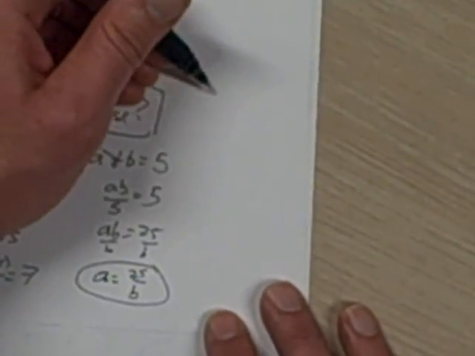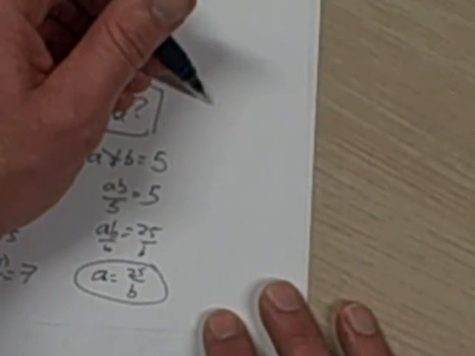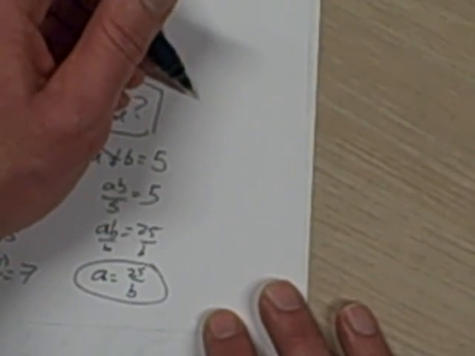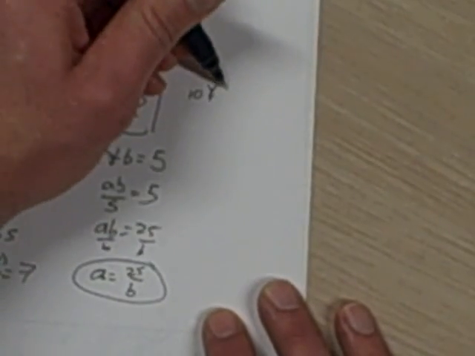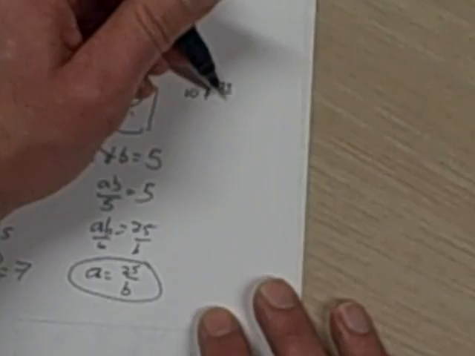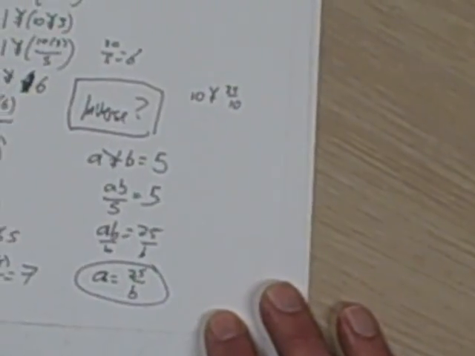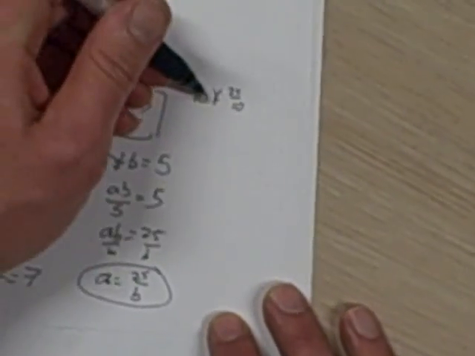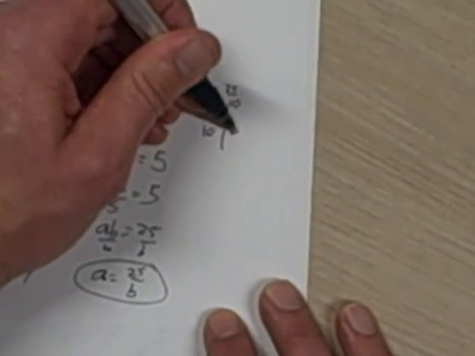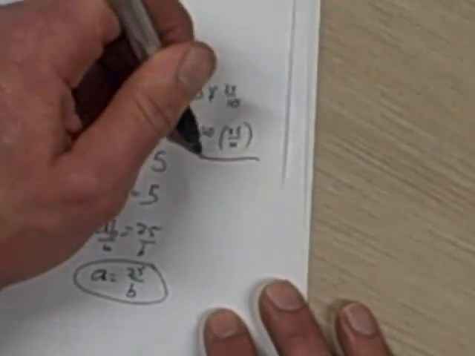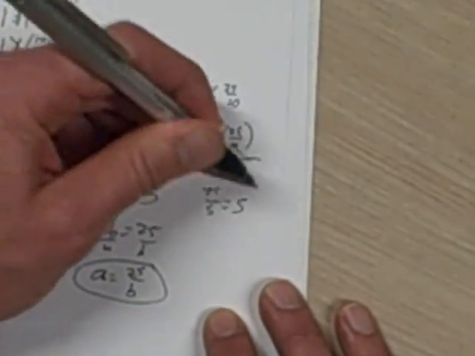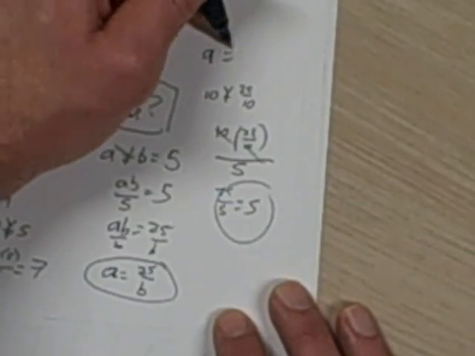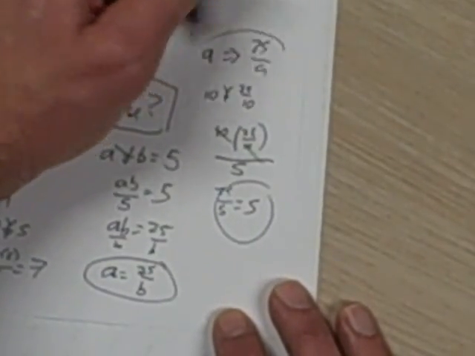What if we went something like combine 10 with 25 over 10. See, I'm thinking about these being the same. So that would be 10 times 25 over 10 over 5. 10's cancel. 25 over 5 is 5. Yep, everything has an inverse. A's inverse is of the form 25 over A.